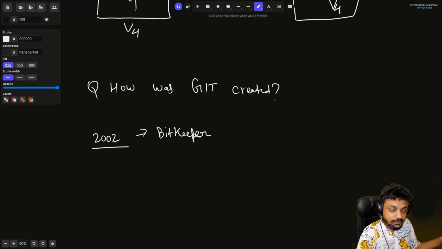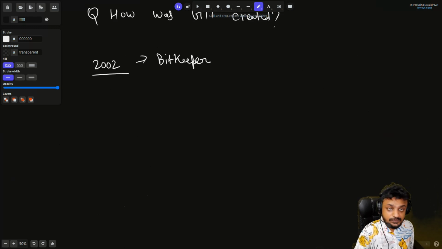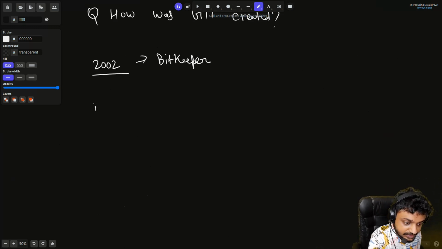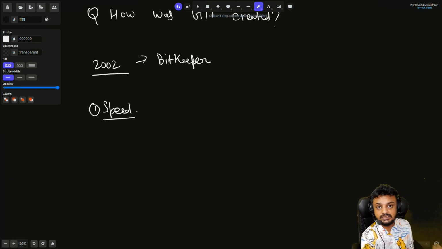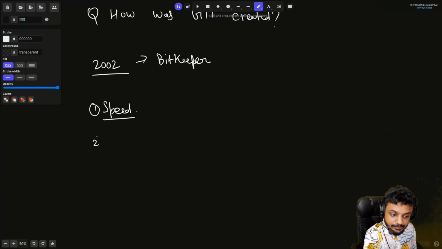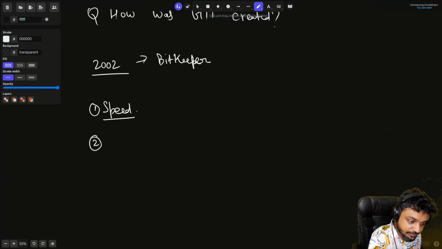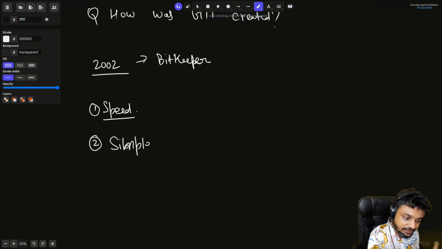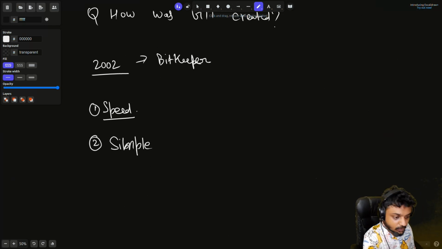The problems they wanted to solve: the first one was speed. Since you're working with large projects, and the Linux kernel is a fairly large project, it's pretty obvious that speed is important. The second is a simple design. The distributed version control systems back then had pretty complicated designs.